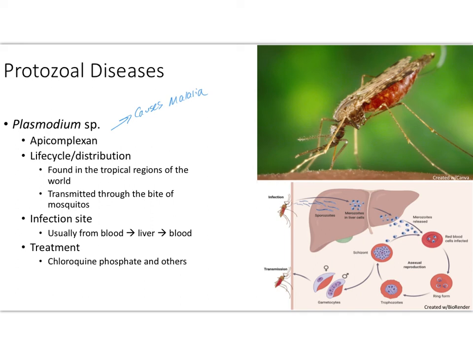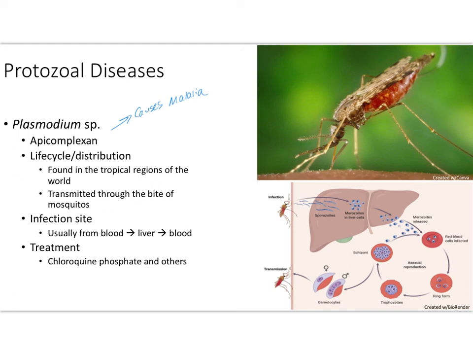It also is something for us to be concerned about in the United States with climate change. The reason for that is that this organism was typically limited to the tropical regions because it needed to be spread by a certain type of mosquito.